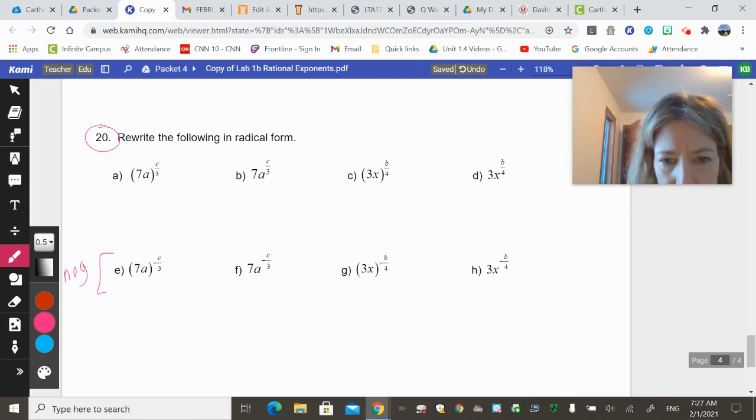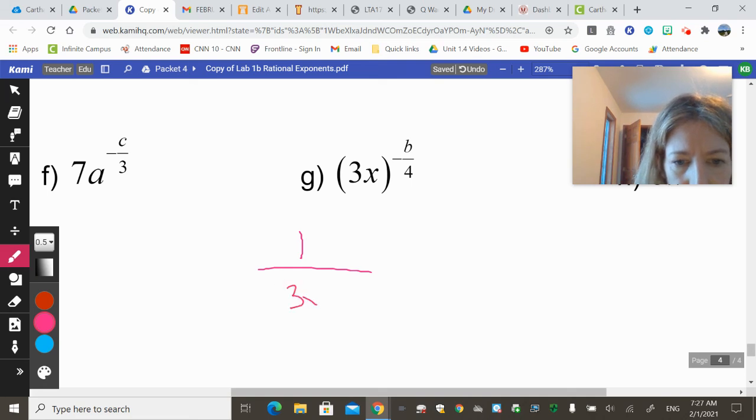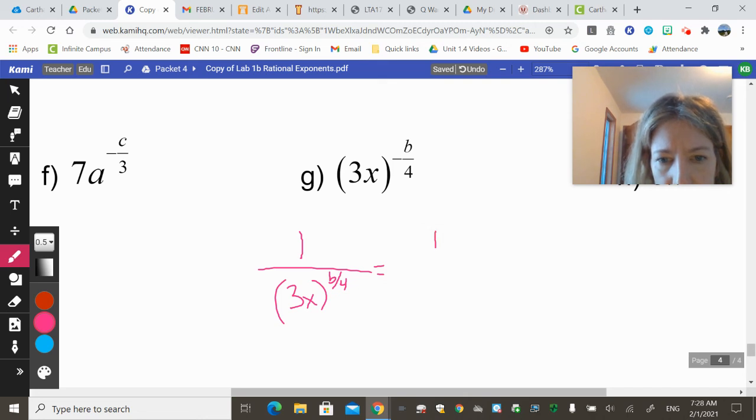How about I do G and H with you? So again, this is the same as, first of all, 1 over 3x, and the whole 3x is to the b over 4 power. All right, and I'm going to write this with the roots. So this is the same as 1 over, okay, so 3x is underneath the radicand.